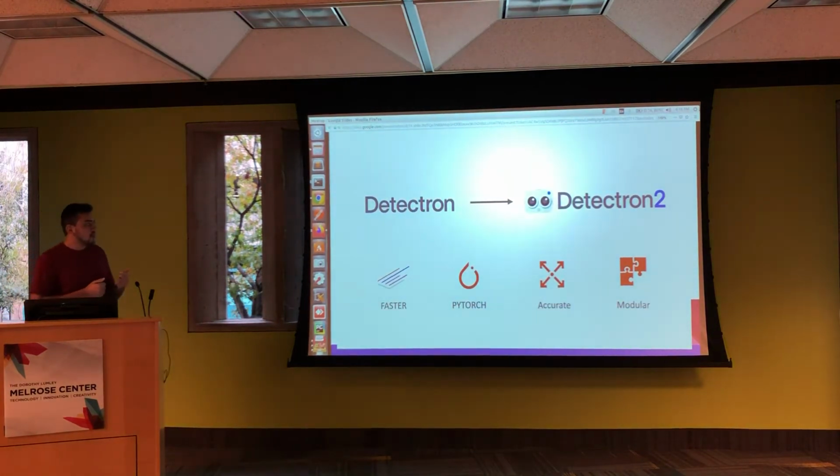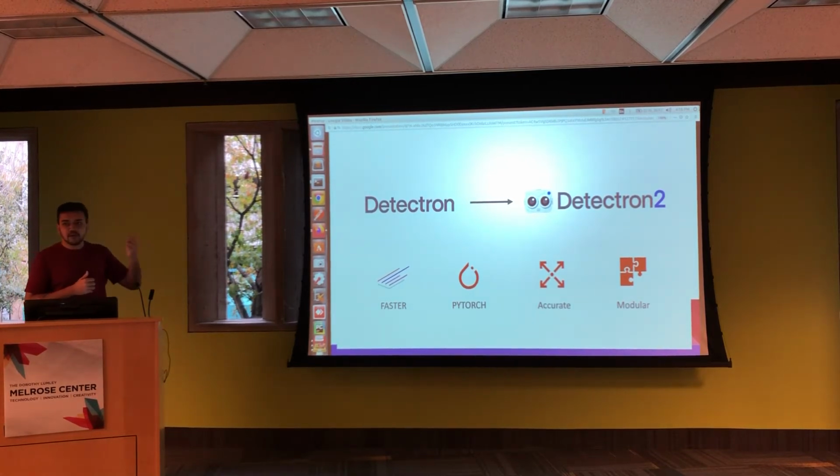Earlier they had Detectron, launched in 2018. Last November they launched Detectron 2, and it is far superior to Detectron. If you haven't heard of Detectron, you didn't lose anything. That was not that great. Detectron 2 is wonderful, and the reason is that it is much faster, and it is based on the PyTorch library, which is one of the most frequently used libraries by deep learning people.